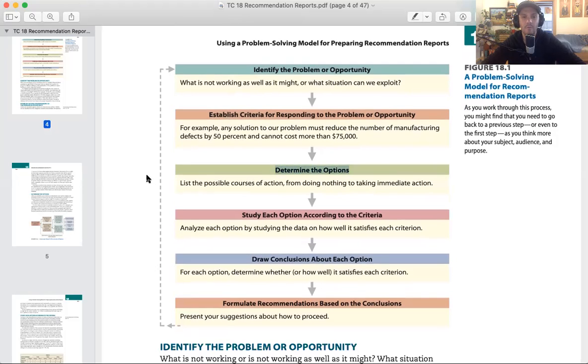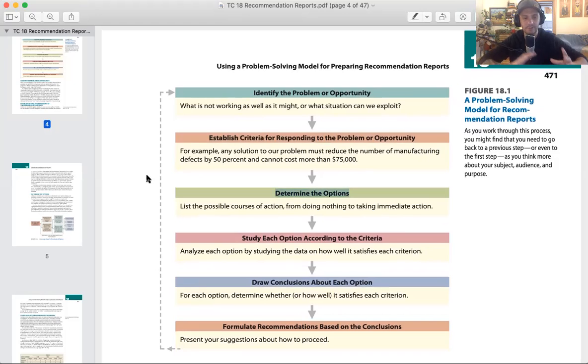Now, one thing that's important to state here is that this is different from maybe what you did in SHSS 150 or WCS 150, where you thought of a problem. I'm not sure if you had a main topic for your class or not, but you thought, okay, gun control. All right, I'm going to argue in favor of gun control.